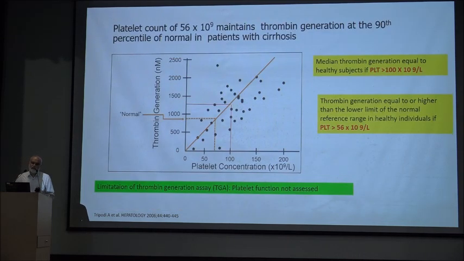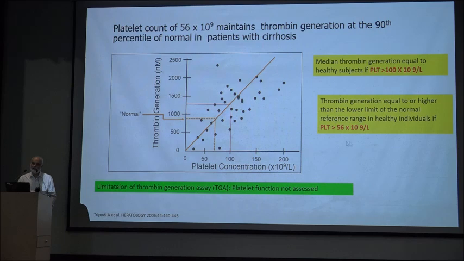Now, how did we reach the platelet count of 56,000, which was initially considered a sine qua non, the cutoff? So this was again from this study, which showed that median thrombin generation is equal to the healthy subjects if platelets are more than 100, but thrombin generation is equal to or higher than the lower limit of the normal reference range if platelets are more than 56.